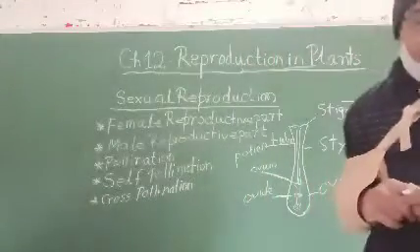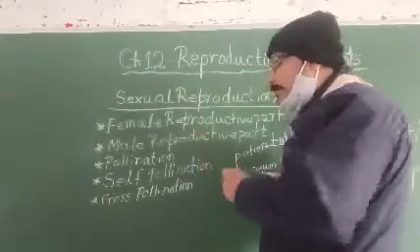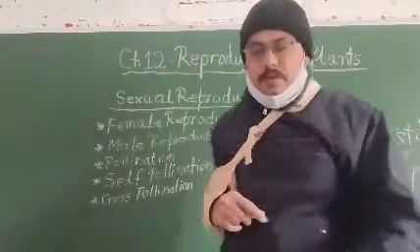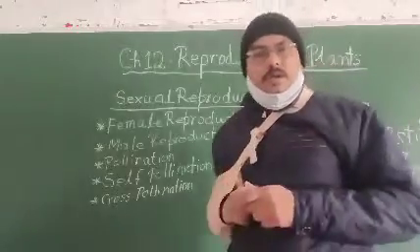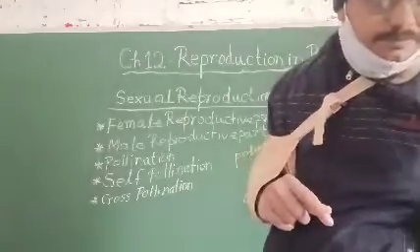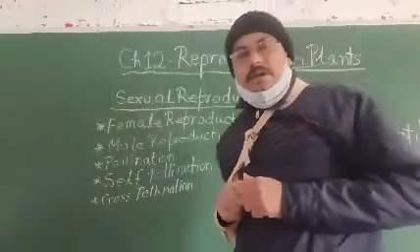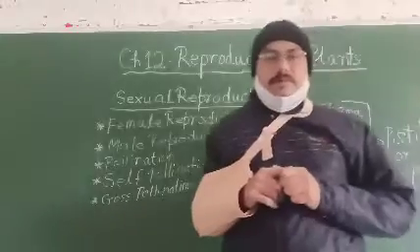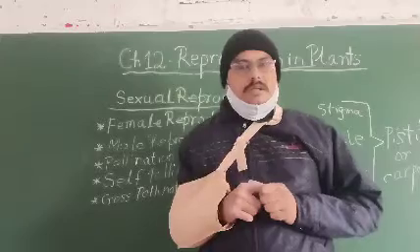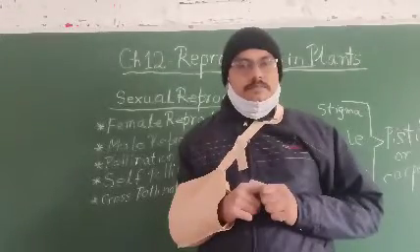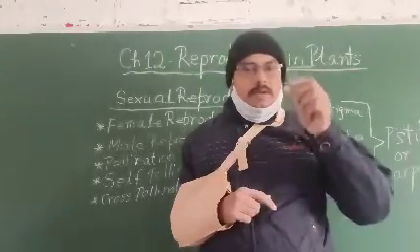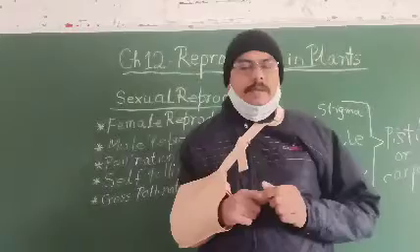So next, student, let's come to the male reproductive organ, that we call the stamen. The stamen also contains three parts. The upper part is called the anther, and the lower part of the anther is the filament.